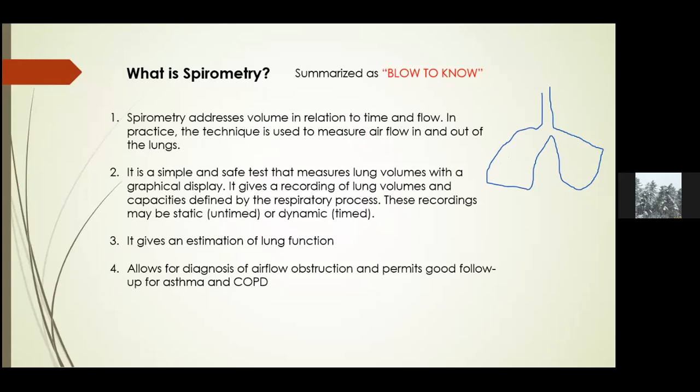Now, if you remember, anything that is passing through a cylinder takes into consideration the resistance within that cylinder, and the volume will be determined by the resistance that is provided.